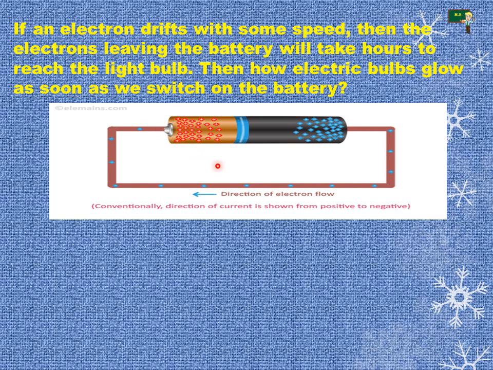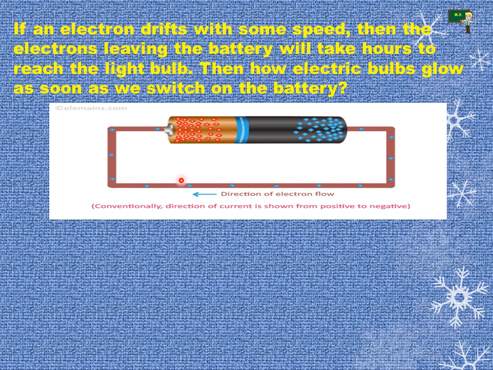Now the electrons begin to move away from the negative terminal, and these electrons exert a force on the nearby electrons. This process creates a propagating influence, that means the electric field.